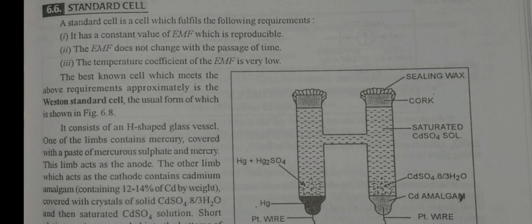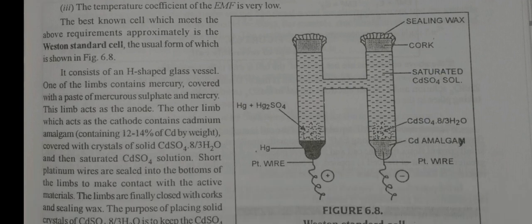It consists of an H-shaped glass vessel. One of the limbs contains mercury covered with a paste of mercurous sulfate and mercury. This limb acts as the anode.